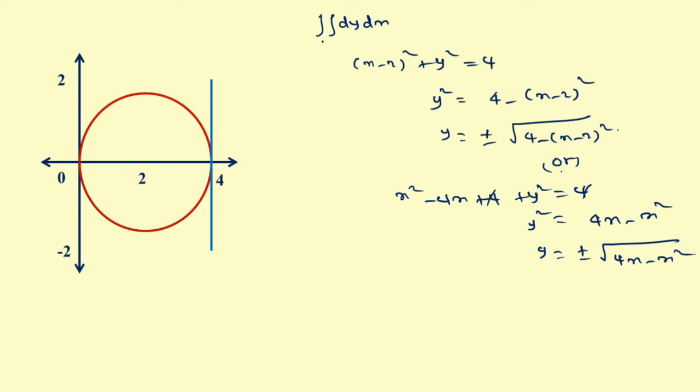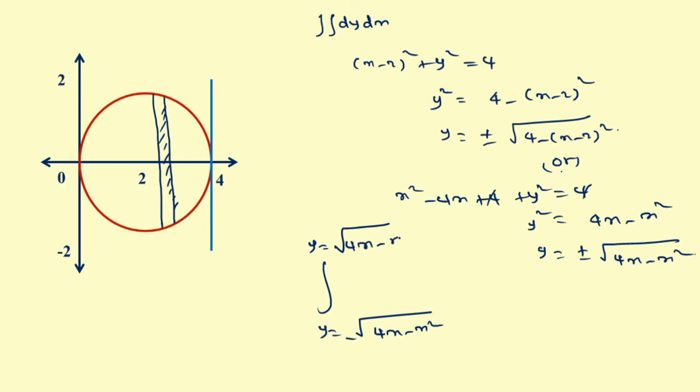As per the order of integration dy dx, I draw the vertical strip. Now we are going to define the inner integral. The inner integral limits are y equal to minus square root of 4x minus x square and y equal to square root of 4x minus x square, dy.